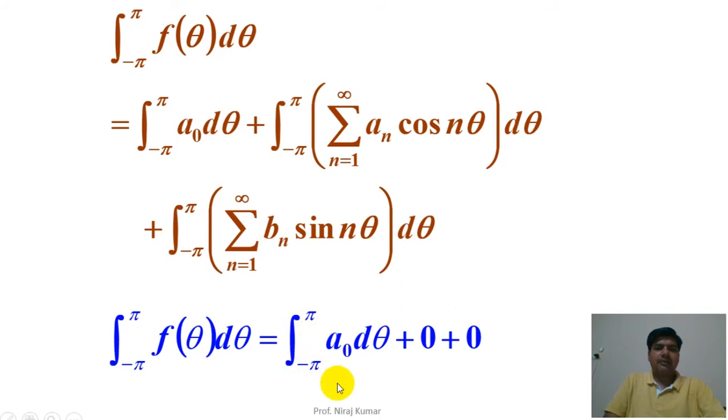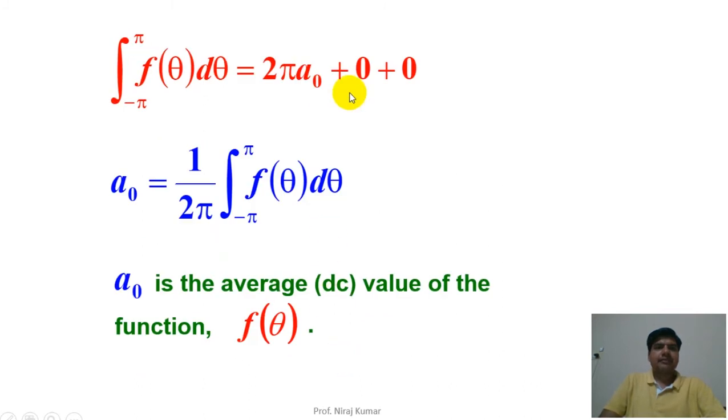This is how we can calculate this a naught coefficient. After calculation we will get a naught equal to 1 by 2 pi times the integral from minus pi to pi of f theta d theta.